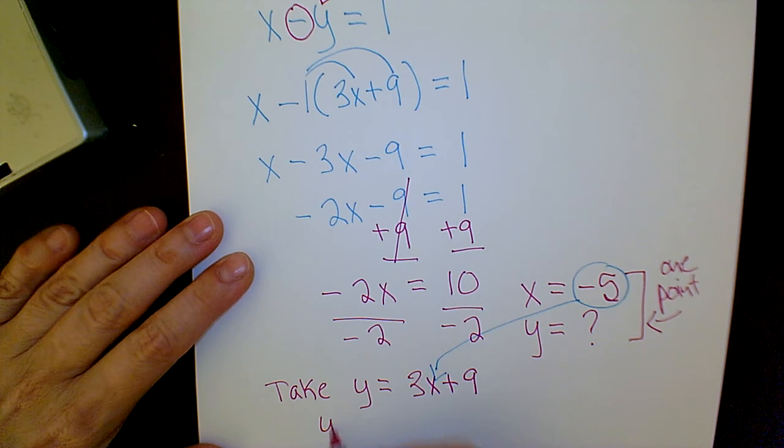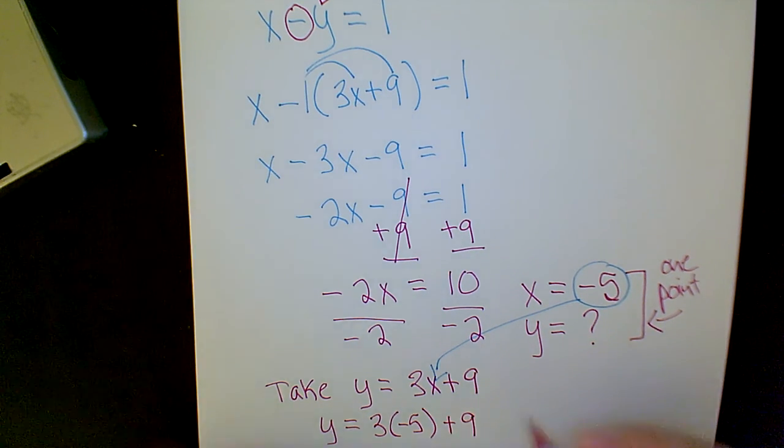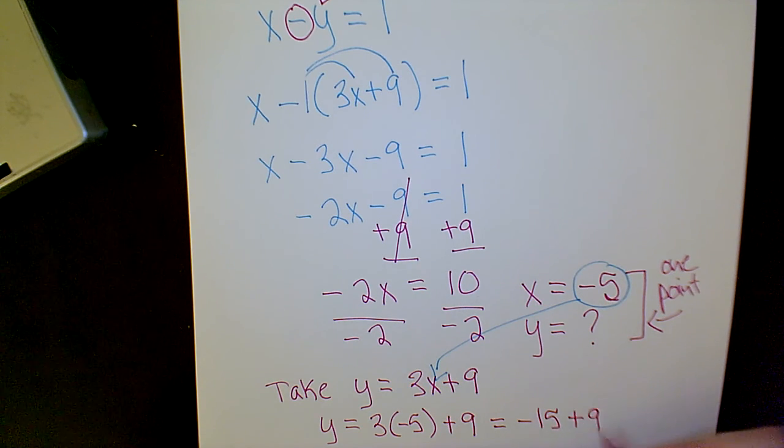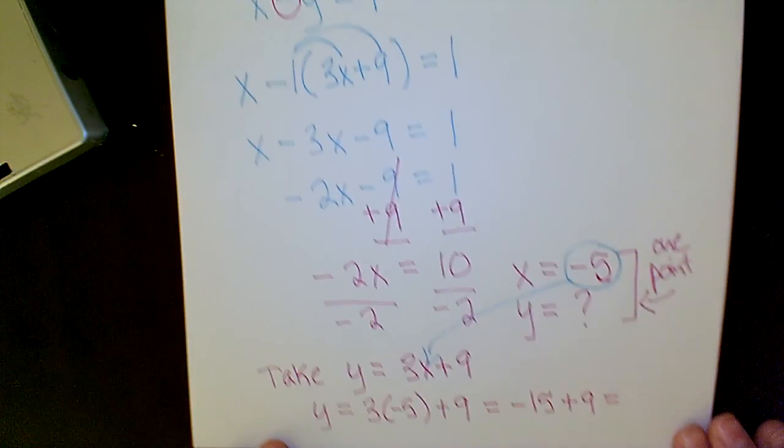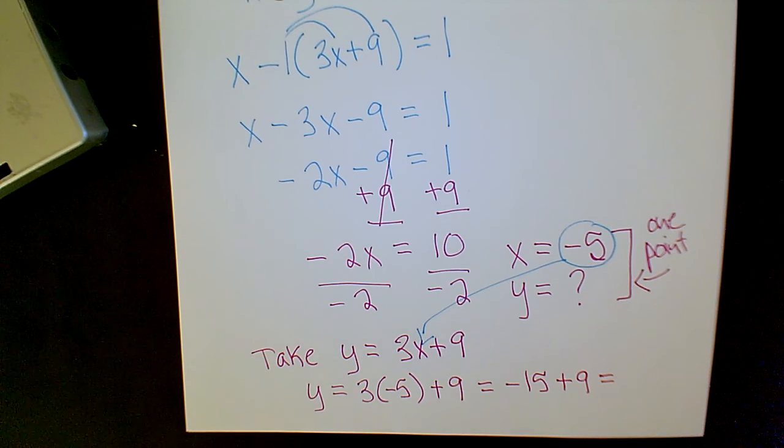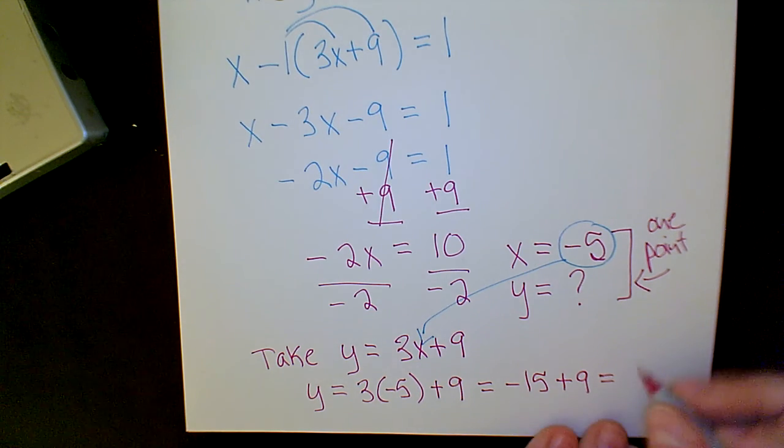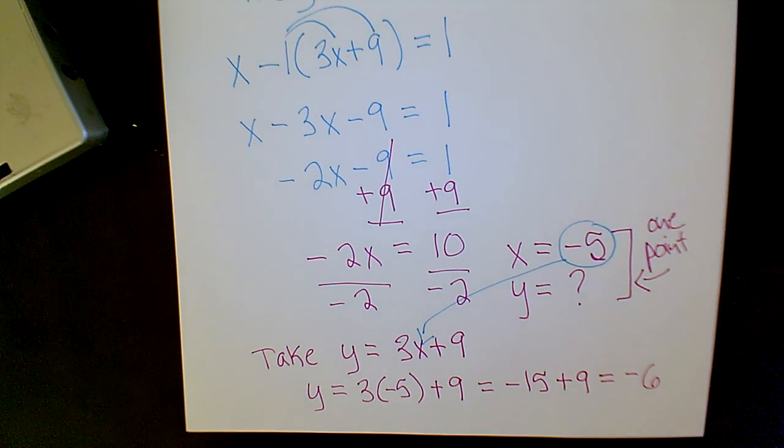So let's see what y is. 3 times -5 plus 9, which is -15, plus 9, which is -6.